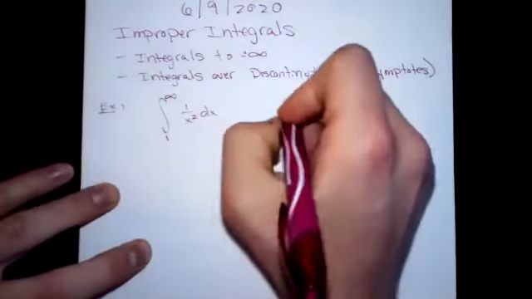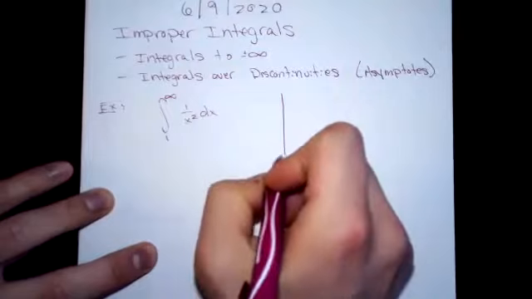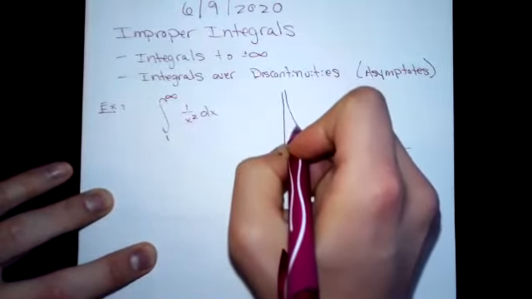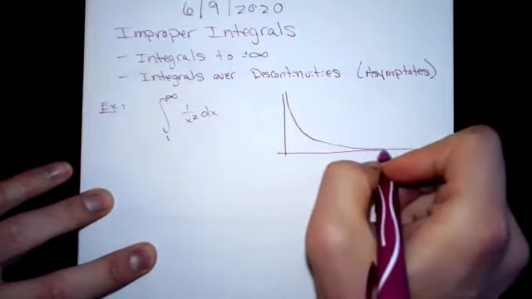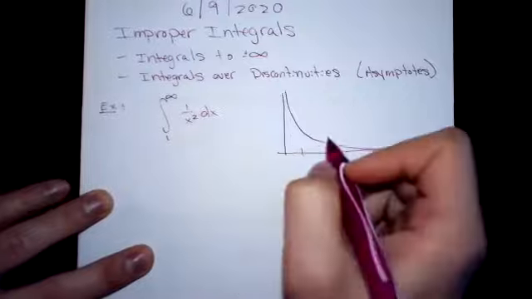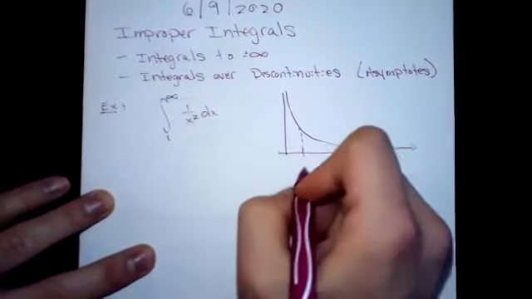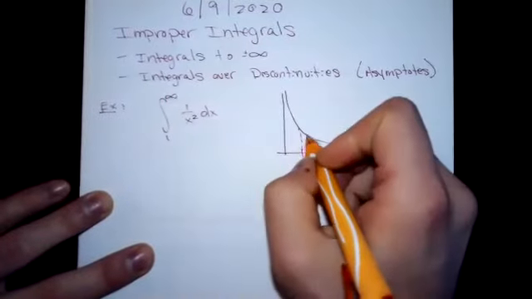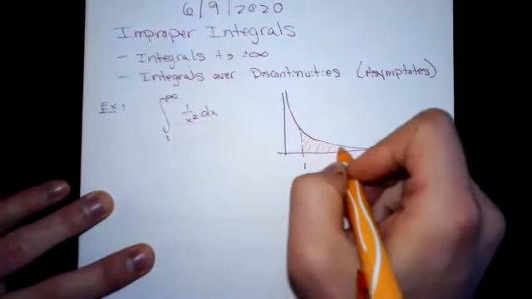So graphically, what's happening, we've got our function, and it starts to get really small out towards infinity. And what do we want? We want to know, well, what's an integral? An integral just represents the area.